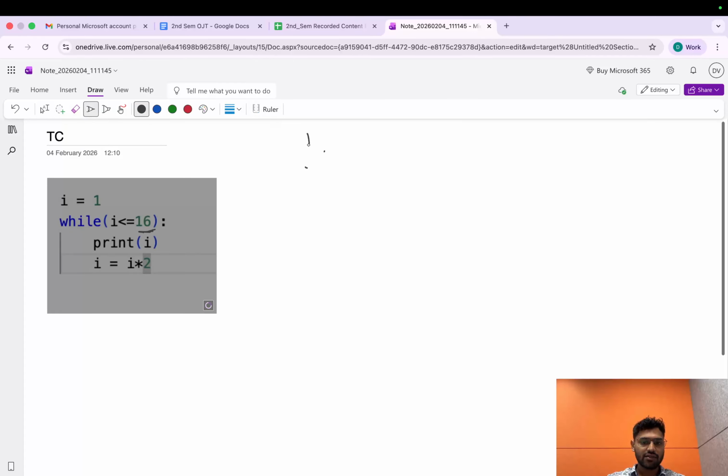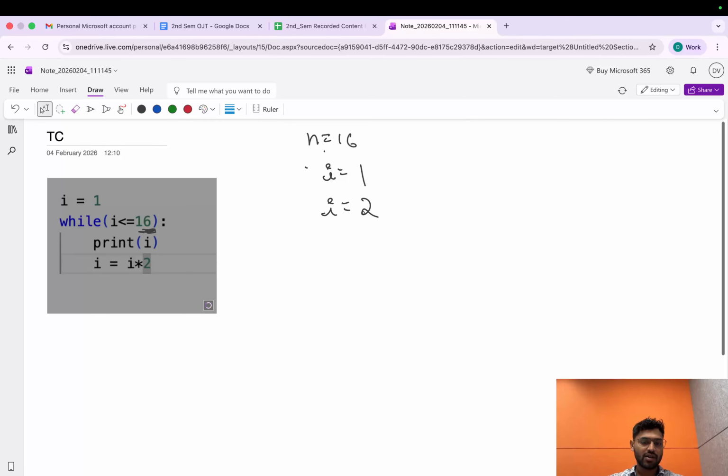When n equals 16, how many times are we running the loop? We're going to print i, which is 1. 1 is lesser than 16. And next time, what is the i value? i equals i into 2. So next time we are checking, is 2 lesser than 16?